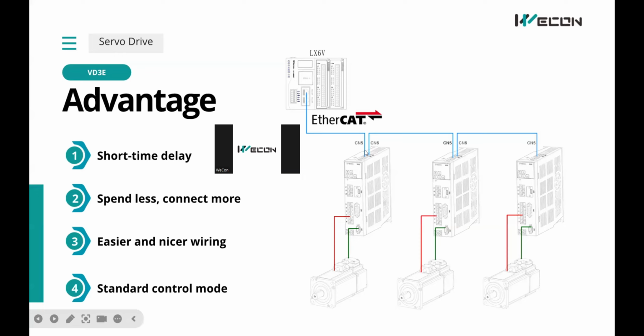CN5 is input, and CN6 is output. So you can see the wiring is like this: controller to servo 1, and servo 1 to servo 2, and connect one by one. So there are not many cables to wire. But for VD2, we need to connect the pulse cable, the direction cable, and the 24 volt cable. There are many cables to connect.